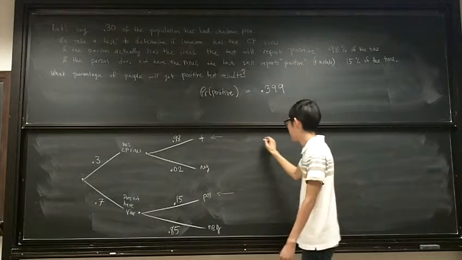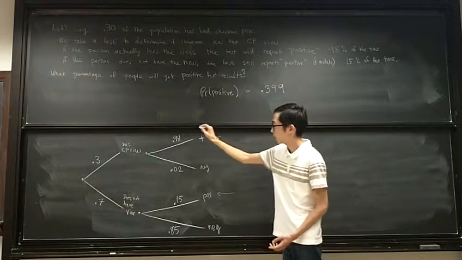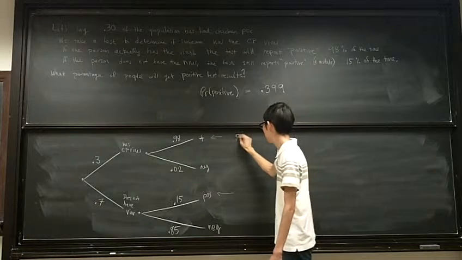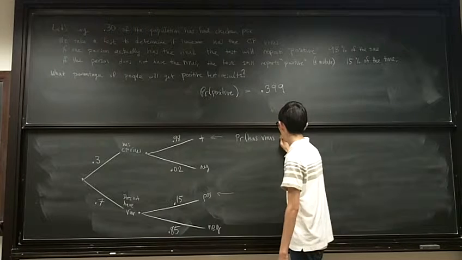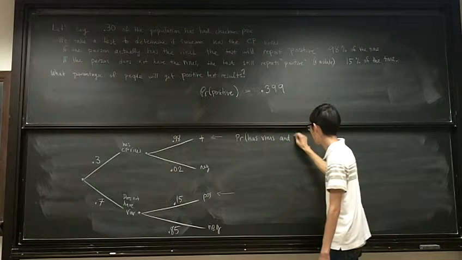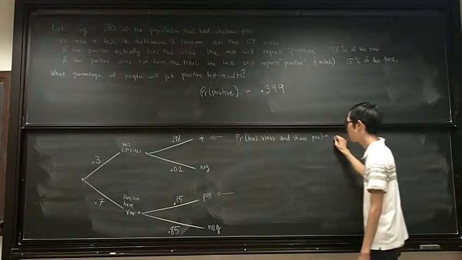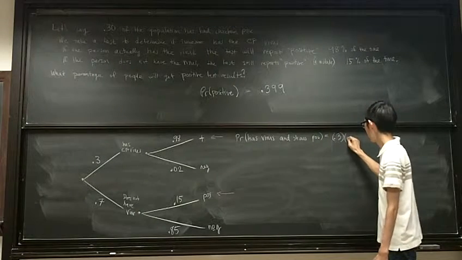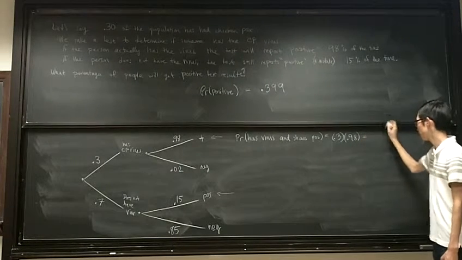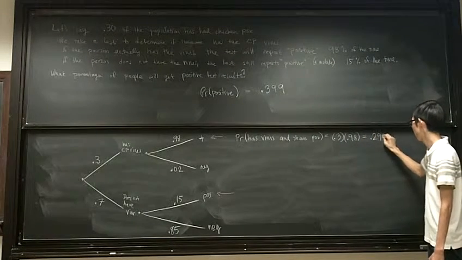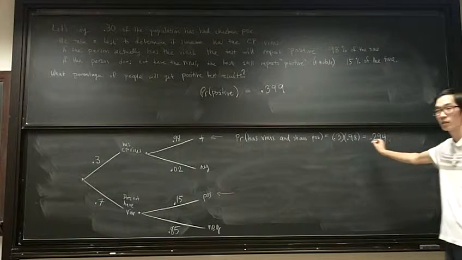So the probability that someone has the virus and shows positive is equal to 0.3 times 0.98. Alright, 0.294. Great. Okay, is that okay?